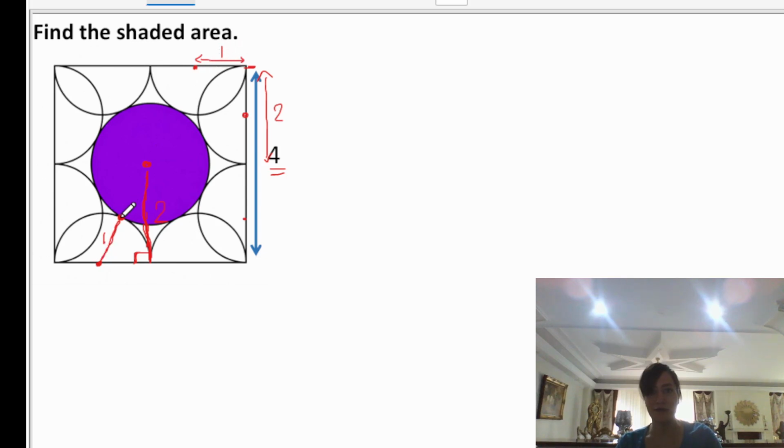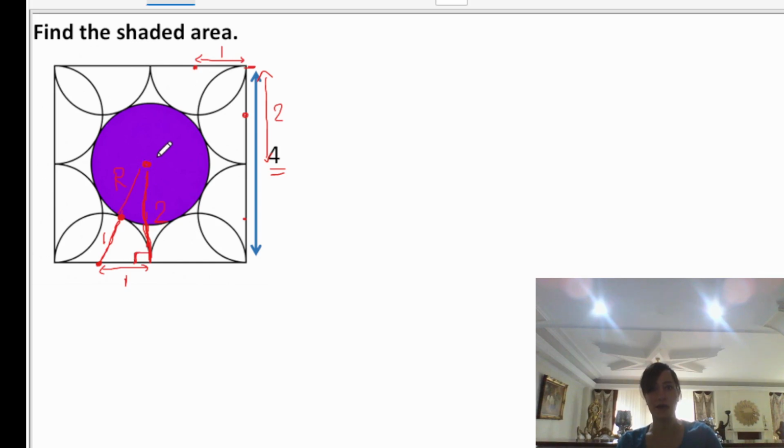And then from here to the center of the purple circle would be the radius of the purple circle, that I don't know the value of. So I put R here. And again, from the center of this semicircle to this line would be 1, the radius of this semicircle.